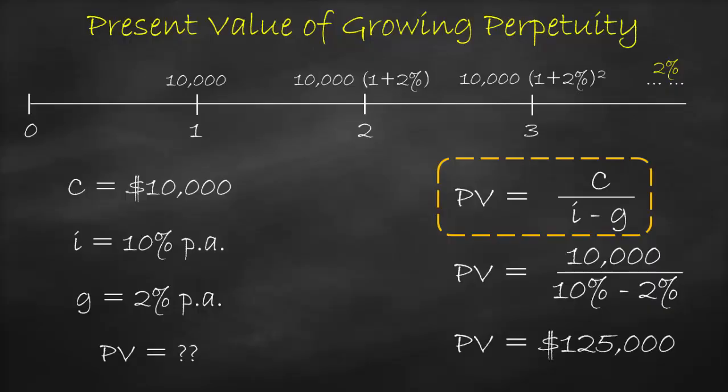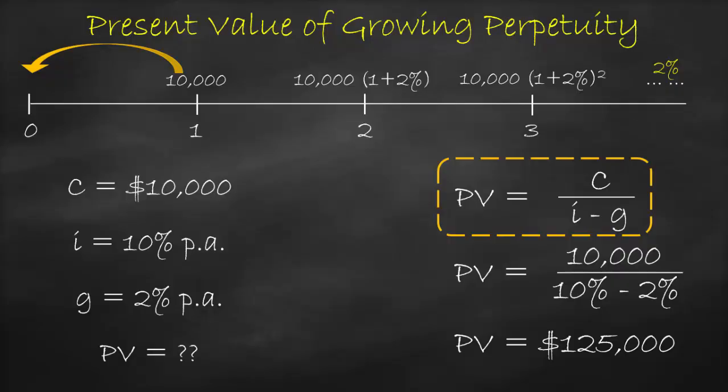This will give us for sure a higher value, which is $125,000. So this means that if we have $125,000 now in an investment fund that will give us a 10% effective annual return, we can give a scholarship of $10,000 in year 1 and it will increase every year by 2%.